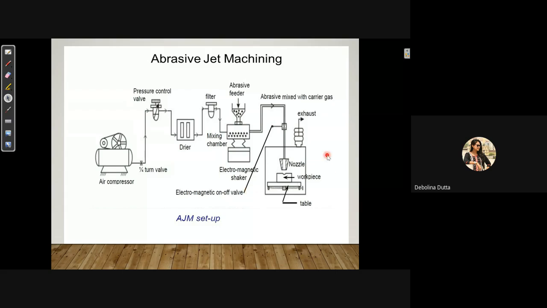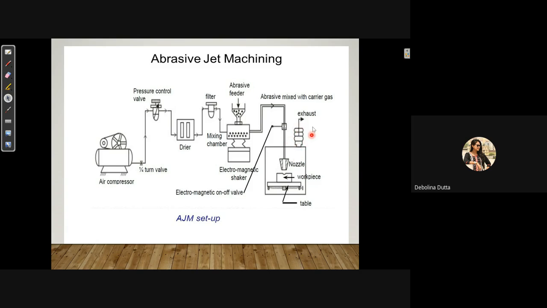This is very important: this particular portion where the material is being removed, where the actual work is happening, is completely enclosed, kept in an enclosed chamber. As we are working with abrasive particles, when they interact with the workpiece they create a lot of dust, so it has to be properly taken care of. There should be a proper exhaust system.